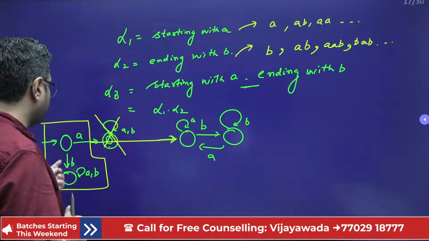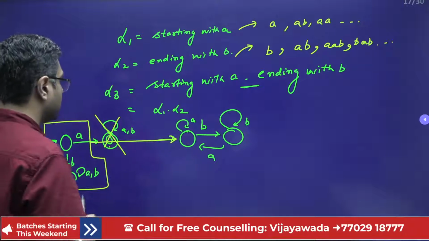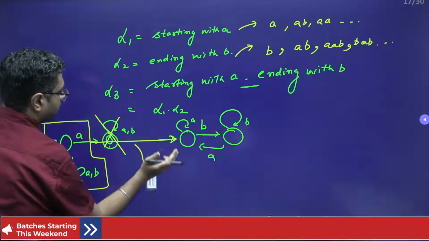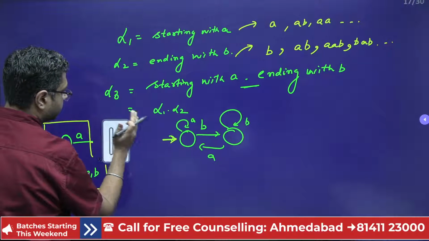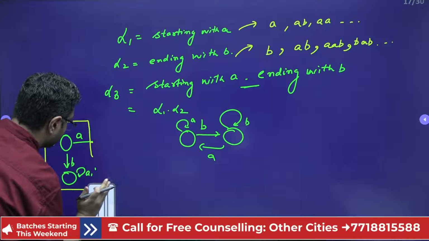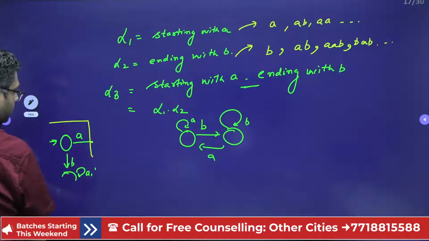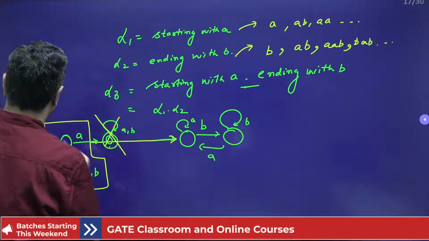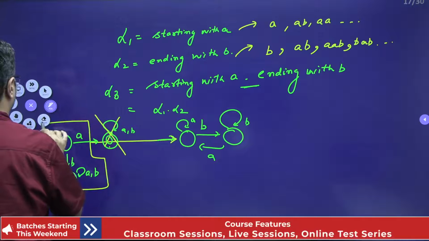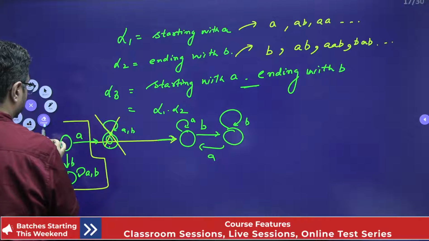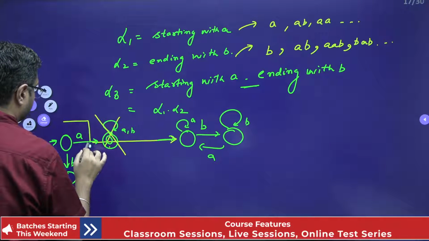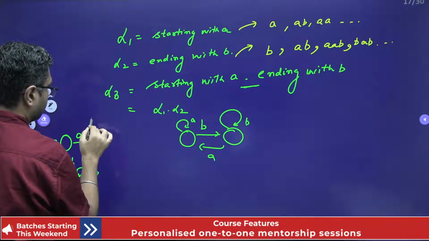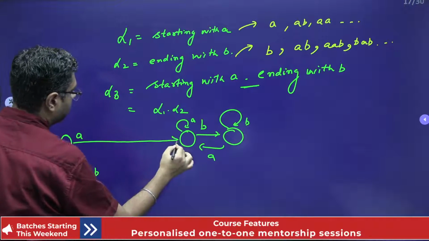On A you are going to this state. So what will be the final DFA? You are going to remove this from here, and what you will get is, just a second, all this will go and you will directly go.